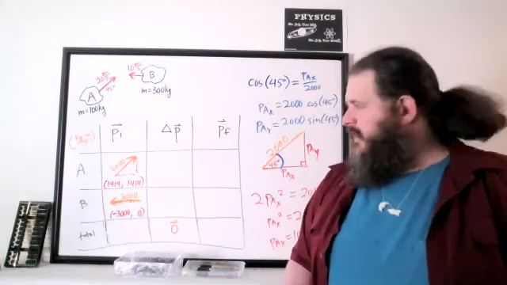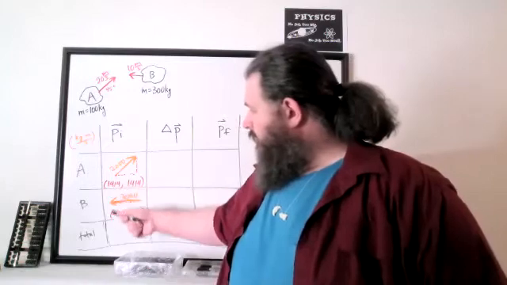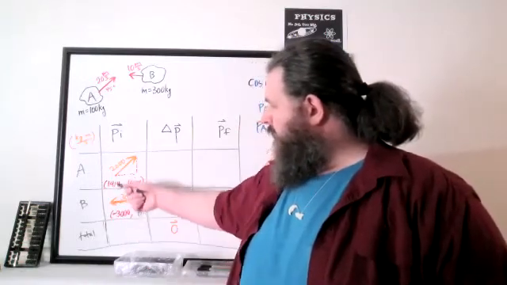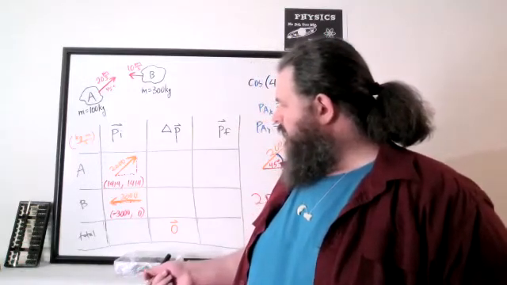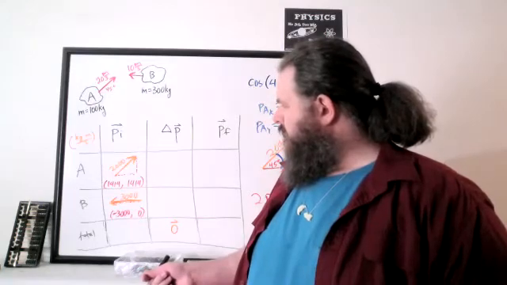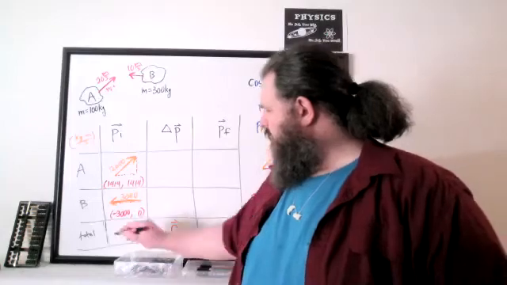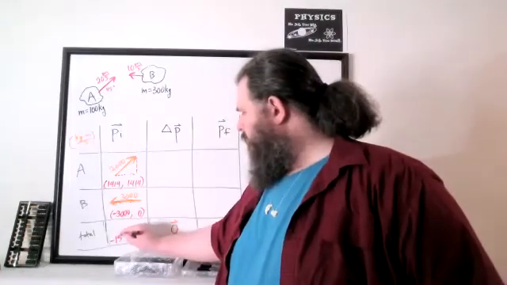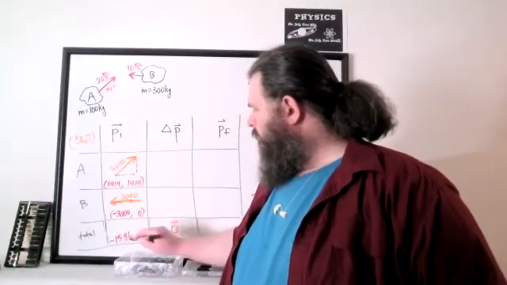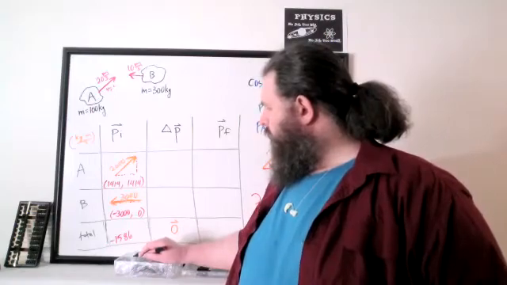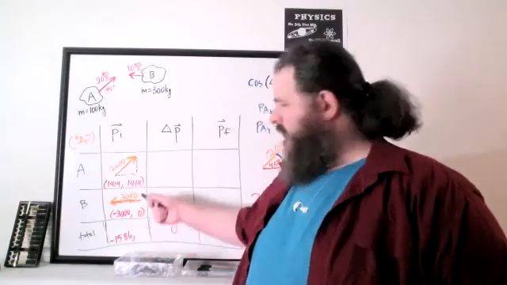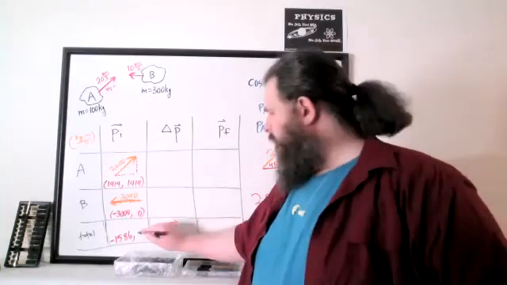And then we can just add those together. X component plus X component, negative 3,000 plus 1,414 would be 1,586, is that it? Yeah, that should work. And then 1,414 plus 0.